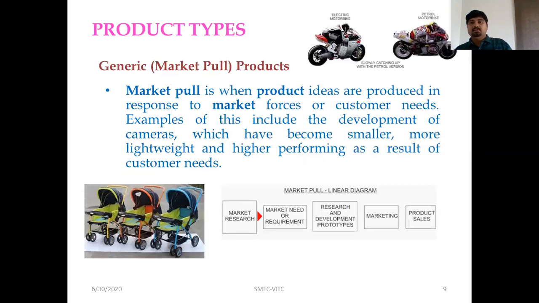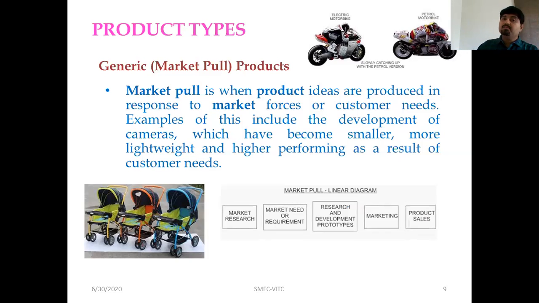Let us see how demand makes different types of products come into the market. Here you could see generic products, which are called marketable products. These products emerge based on research done by studying the market and what the market is in need of, the requirements, developing research and development of the prototypes, and then marketing and selling them.